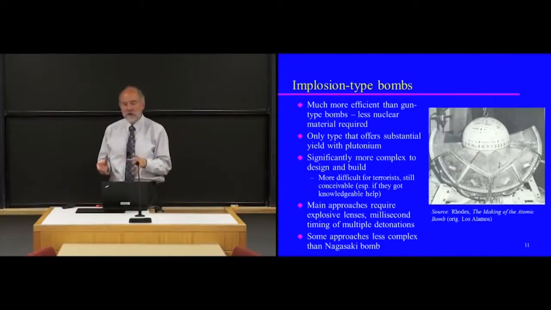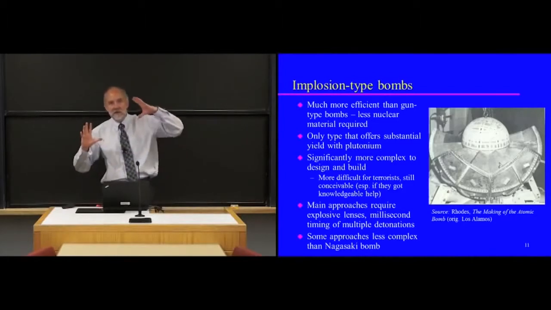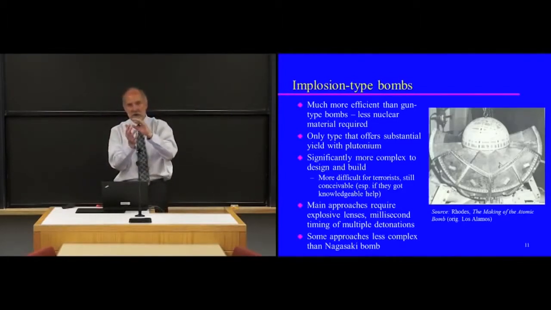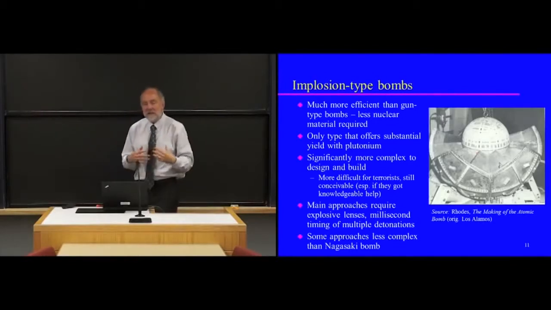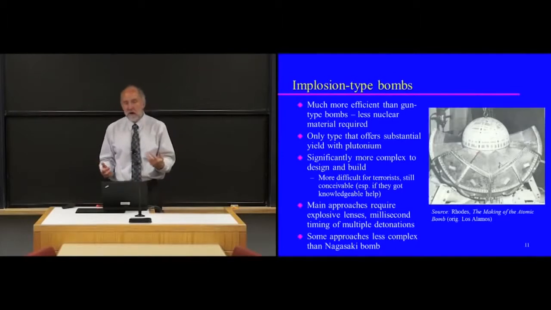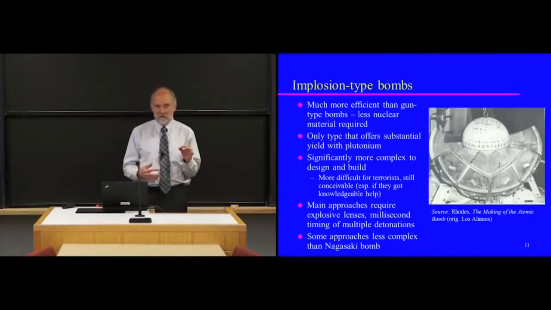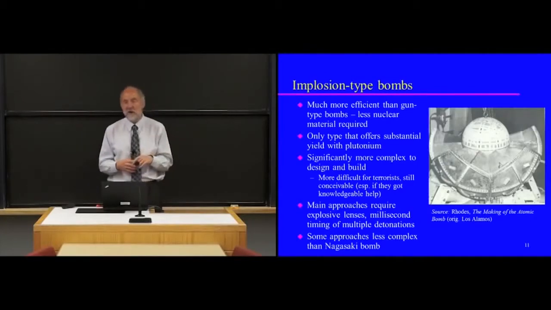Okay? So what you want is a crushed ball, which means you need the explosive shock wave to be a spherical shock wave going inward. All right? So that's significantly more complex to design and build, and would be much more difficult for terrorists, although still conceivable, especially if they got knowledgeable help.